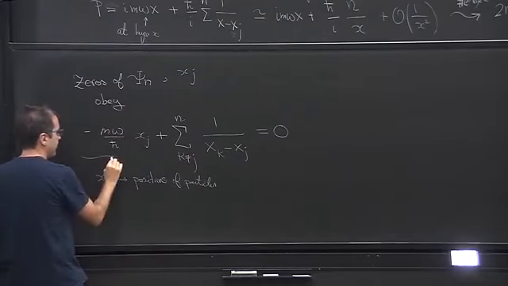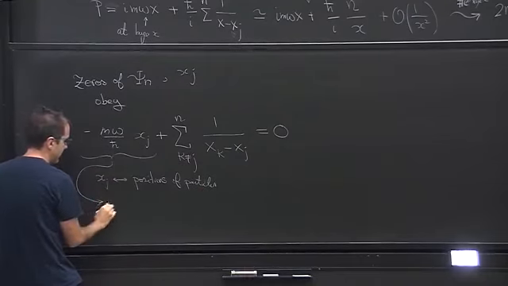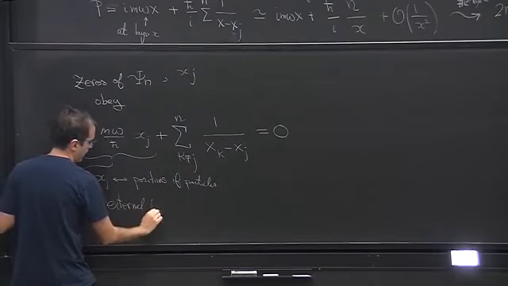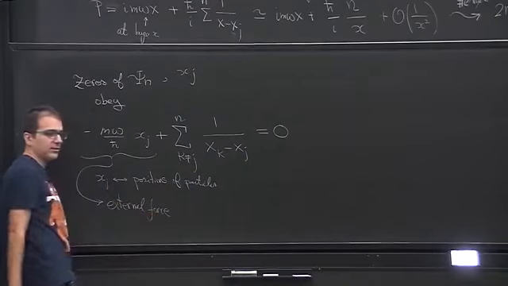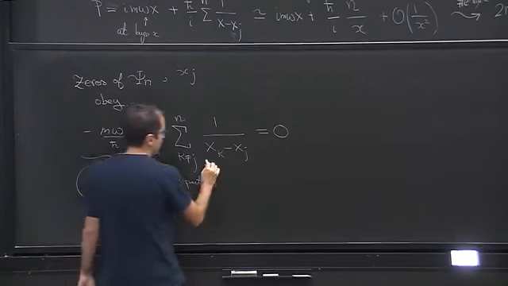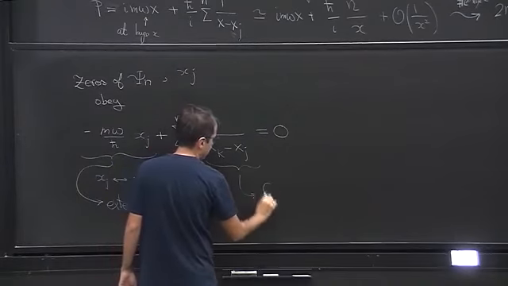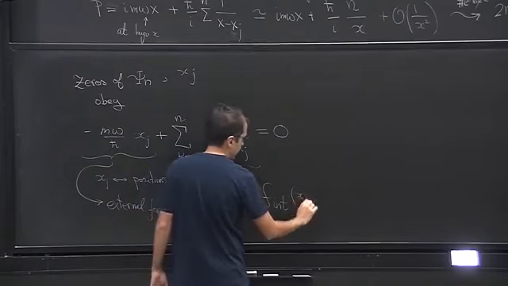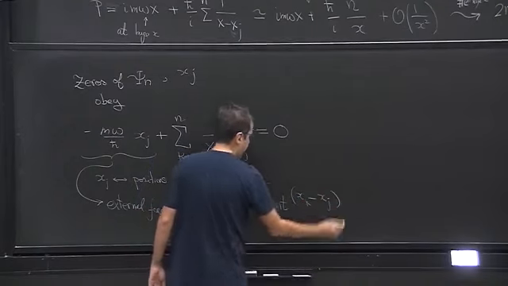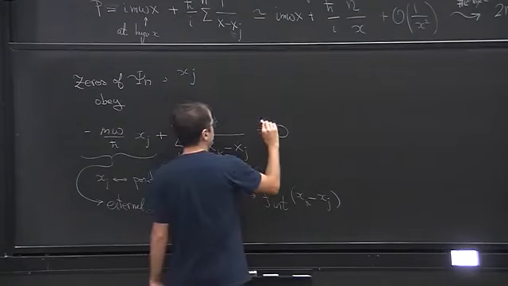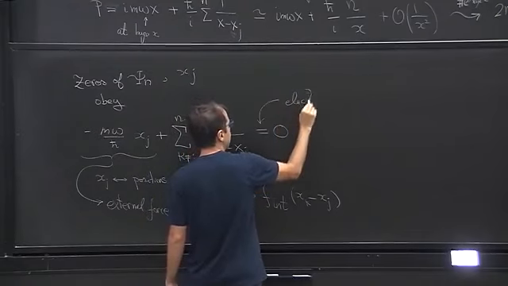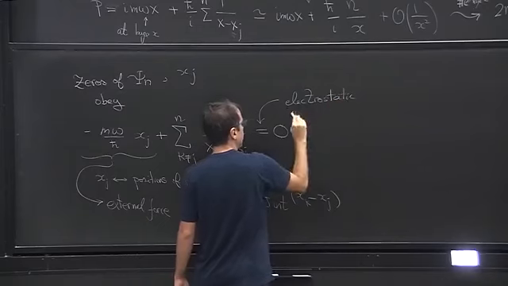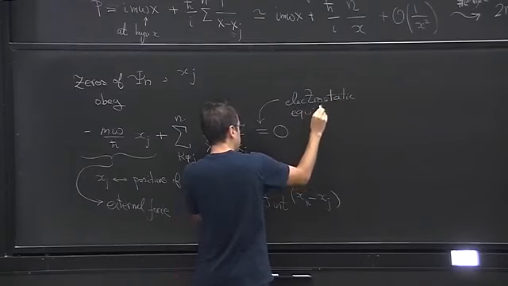And then we think of this first term as some external force that acts on these particles. And let's think of this term as some interaction force between particle xk and xj. And we think of this equation as an electrostatic equilibrium condition.